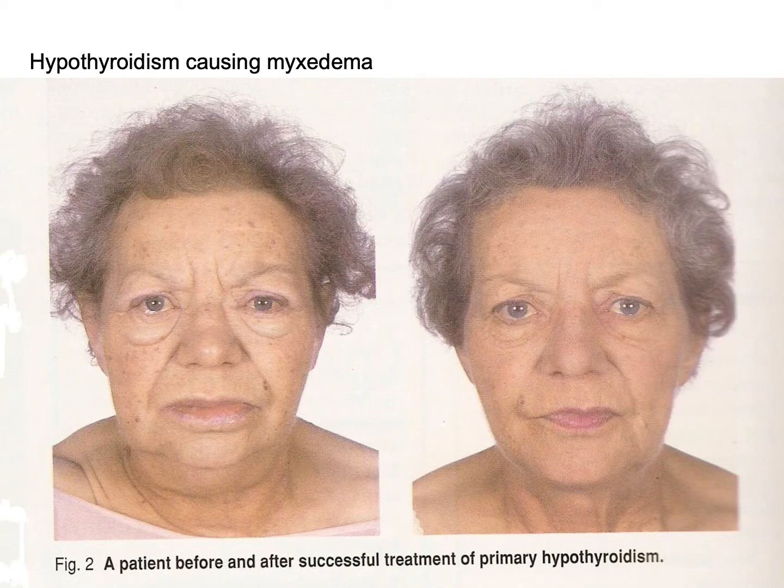You just put it in your mouth since your body's not making it for whatever reason, usually not making enough thyroxine. Well, then you just take the hormone itself. And you can see all the swelling has left her face. The puffiness in her face is called myxedema.